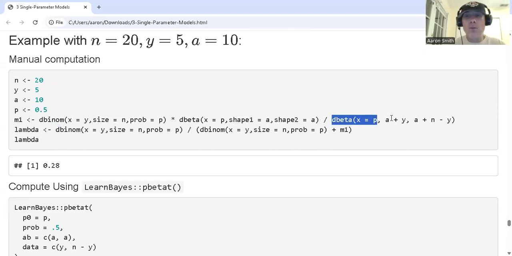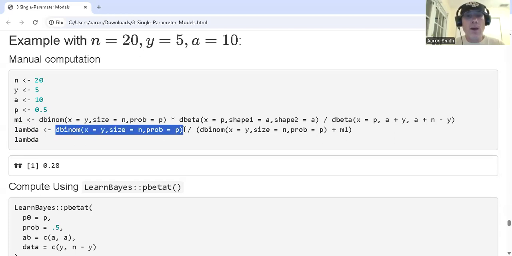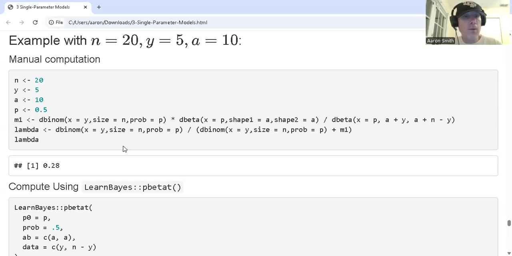And this beta here is going to be my posterior. And so now that lambda function is going to be the density of the binomial divided by the density of the binomial plus that m1 right there. And so now I've got that lambda value. All right, so that's 0.28.